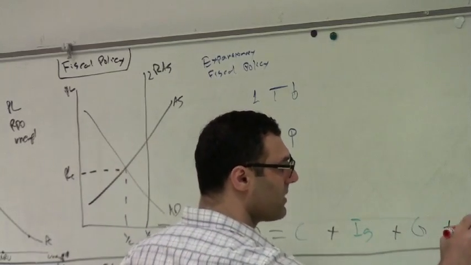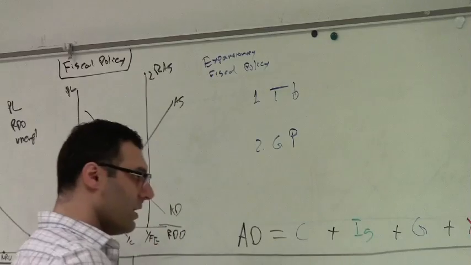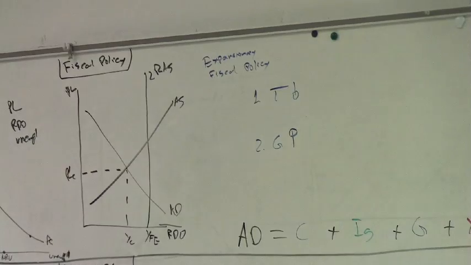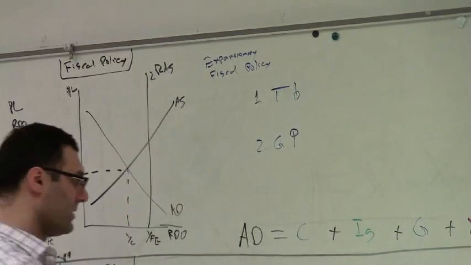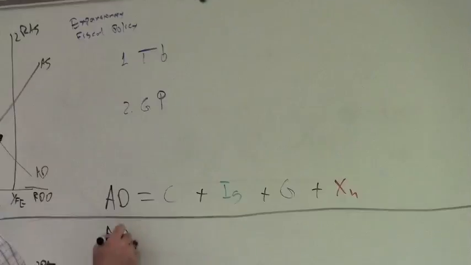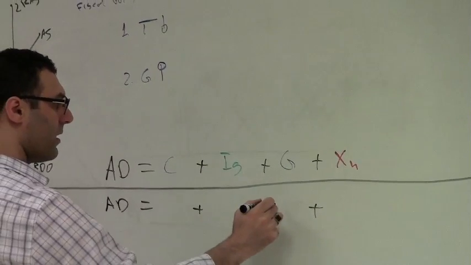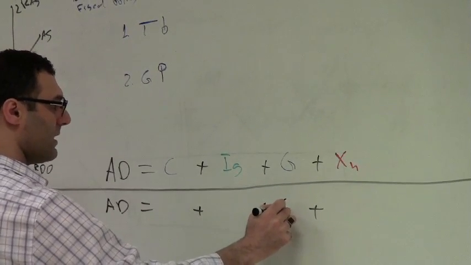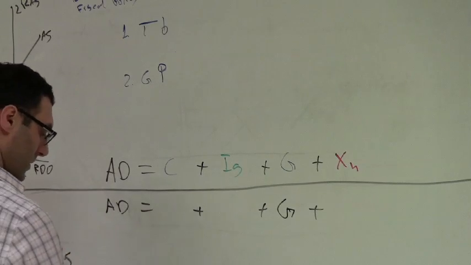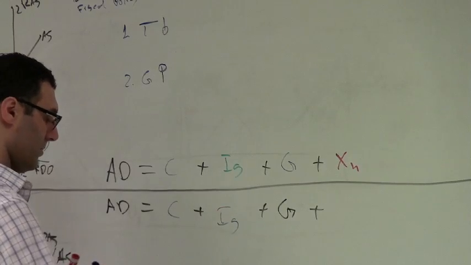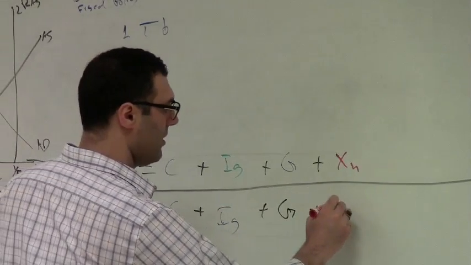And I'm going to put net exports in red because currency changes and exchange rate changes based on this are going to affect net exports. Right? Same thing goes here. But in here, government spending is not affected. What is affected is consumption and investment, and then net exports.